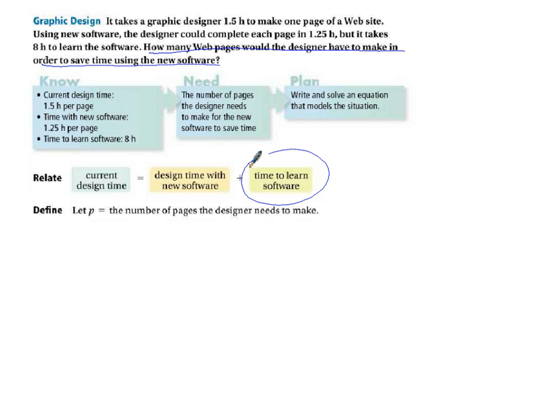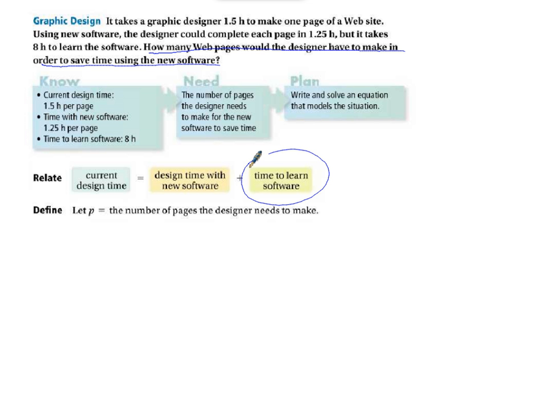If I just keep doing the same thing without learning the new software, and then person B over here learns the new software and starts making web pages with it, when will she and I have made the same amount of web pages? Because this is going to take less time over here, right? I take longer once she's learned that software. So eventually, she will catch up to me and pass me.